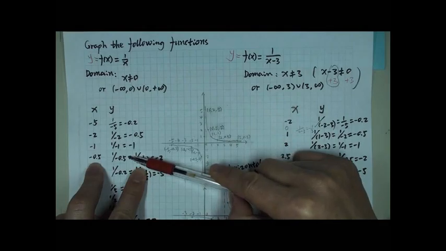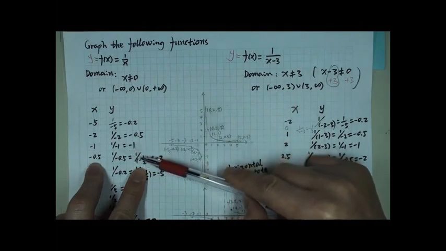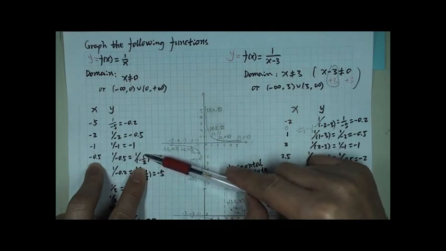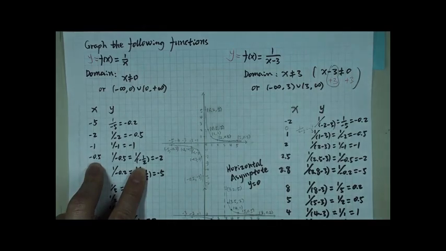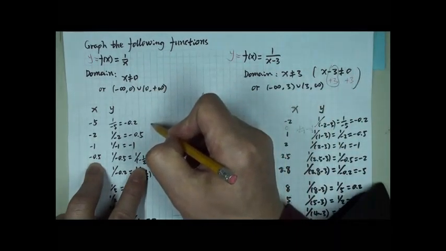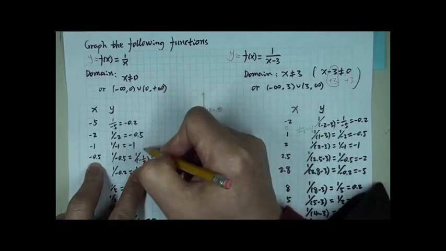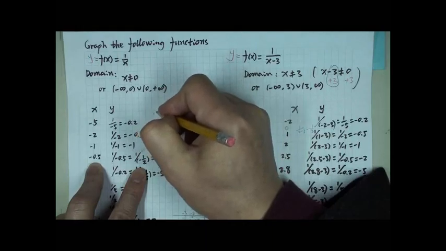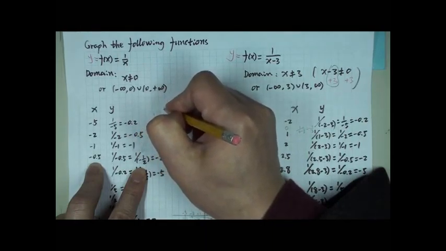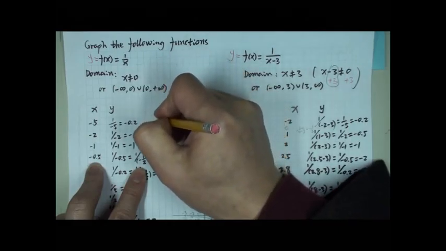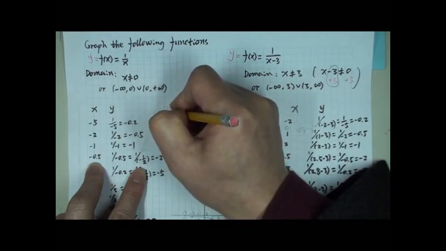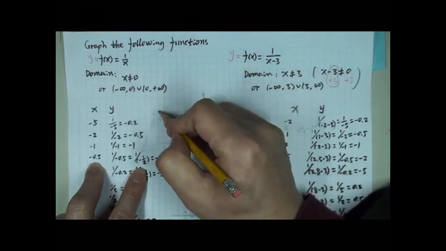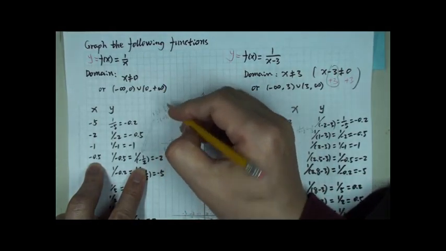You can use your calculator to find that, but negative 0.5 is actually negative 1/2, and you flip the 2 up to the numerator. Here are more details: 1 divided by negative 1/2 is 1 times negative 2/1, because you change the division to multiplication and flip it.